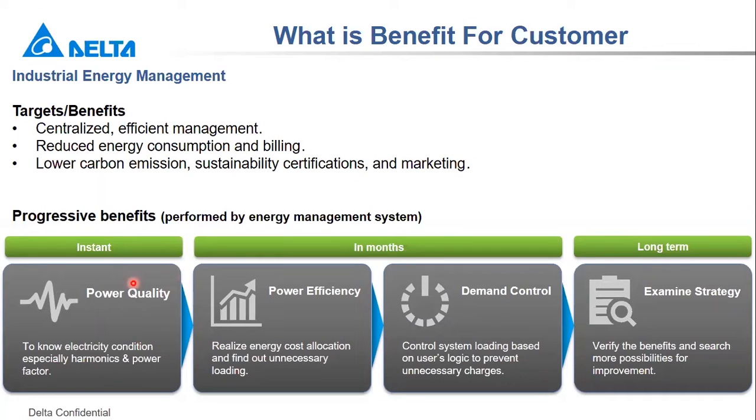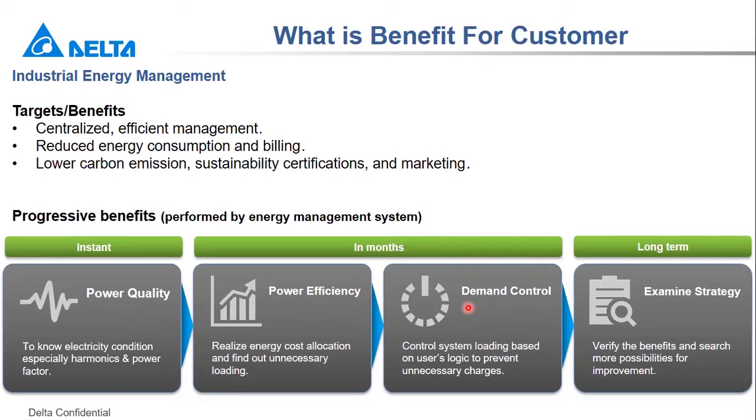So here's some benefit, like you can see the power quality, to know the electricity condition, especially the harmonics and the power factor in the factory. This is very important, linking with your electricity cost. And also the power efficiency and demand control.